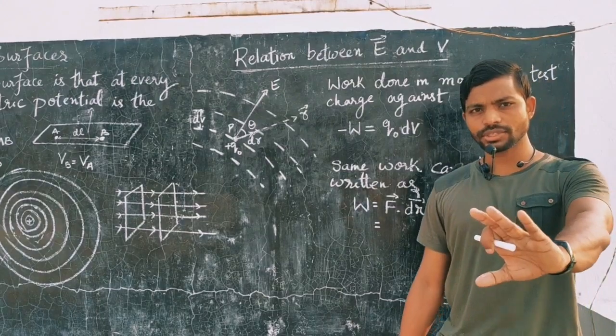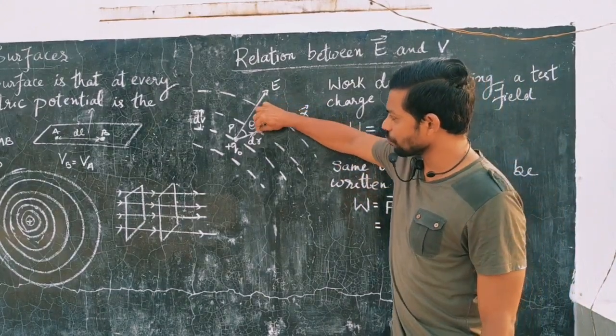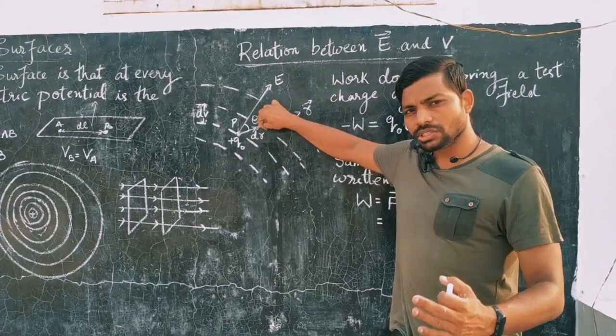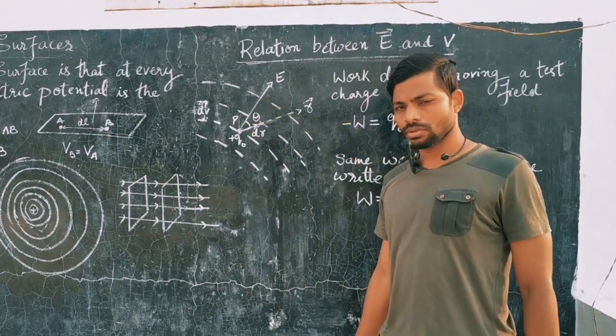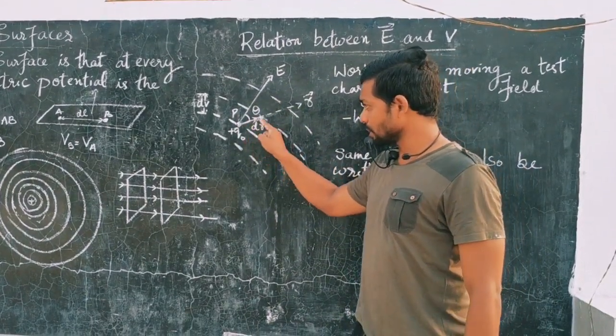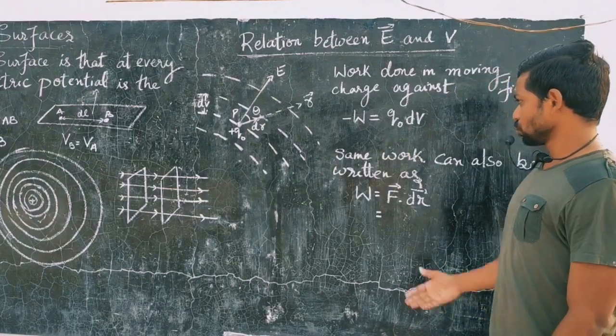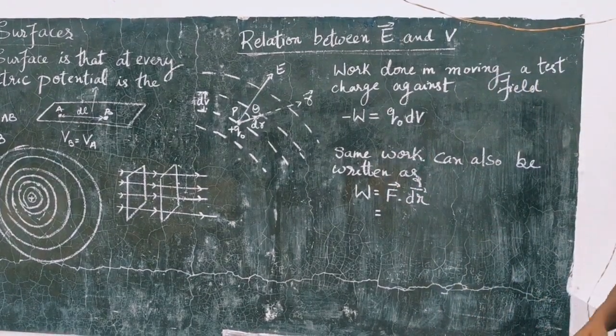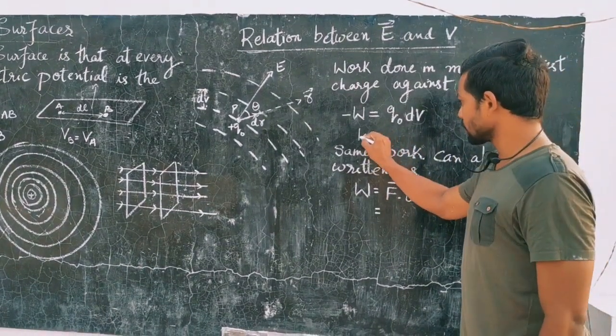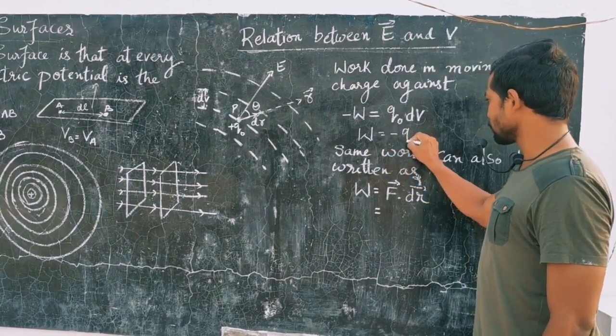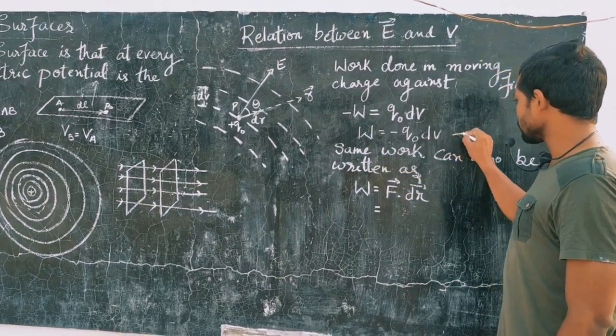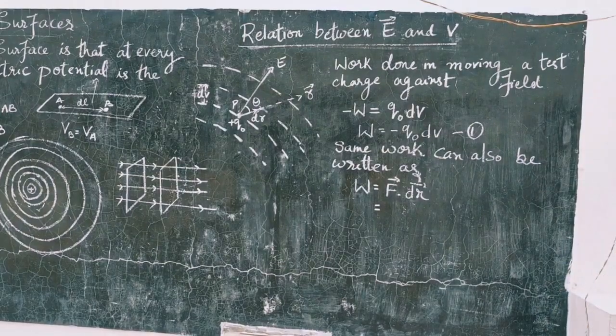So we are assuming that we are moving a test charge from one equipotential surface to another, and we are displacing it by distance dr. So we started with this. Now I can write this further as W is equal to minus Q naught dV. Let us consider this as equation 1.